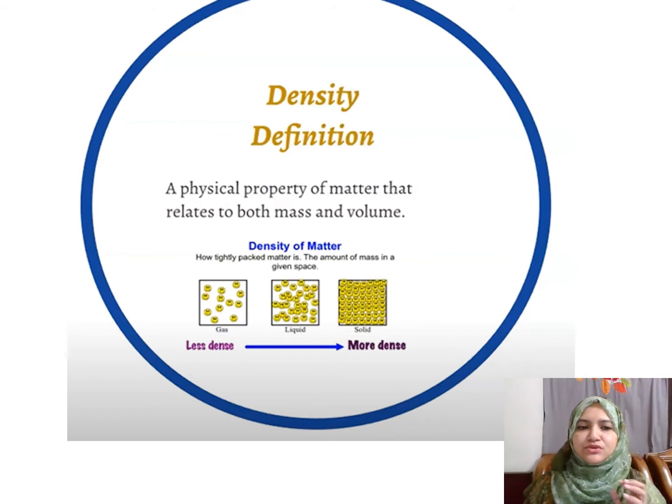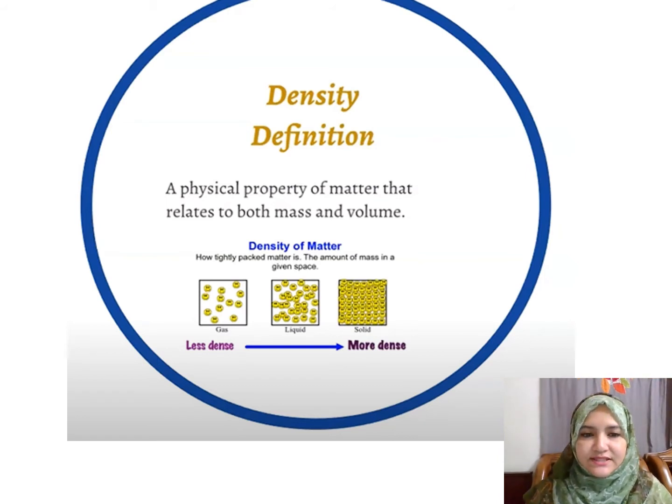That means the amount of mass per unit volume is known as density. So we are going to look at solids, which are very dense, and compare them to liquids and gases, which are a lot less dense. Let's get started.